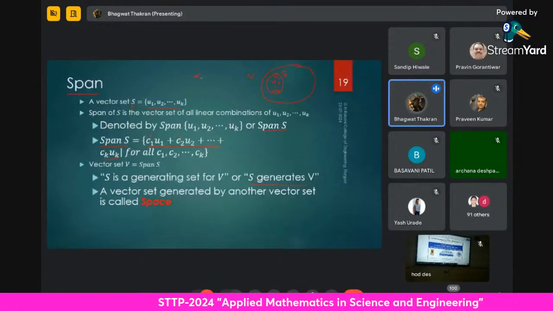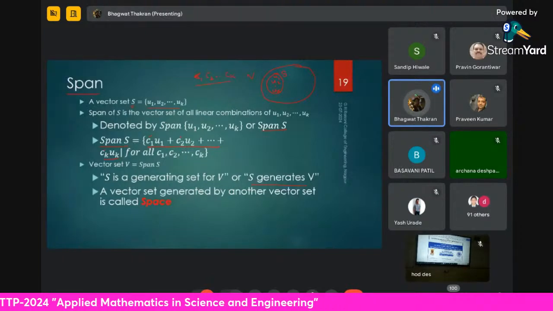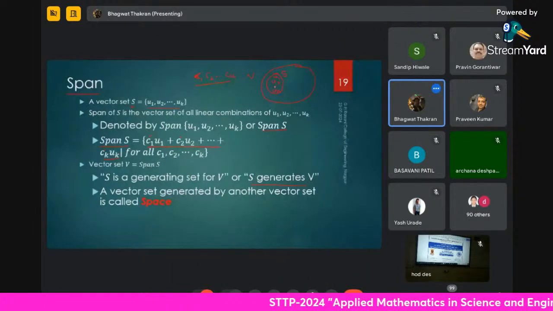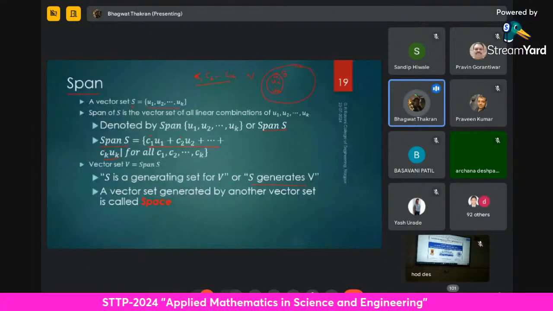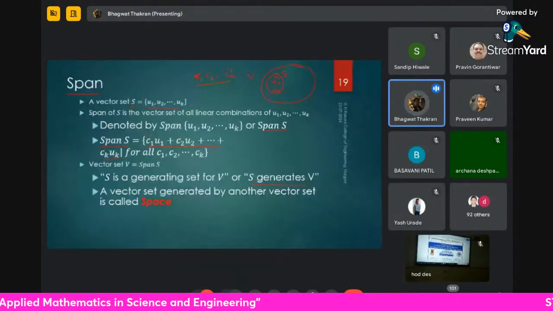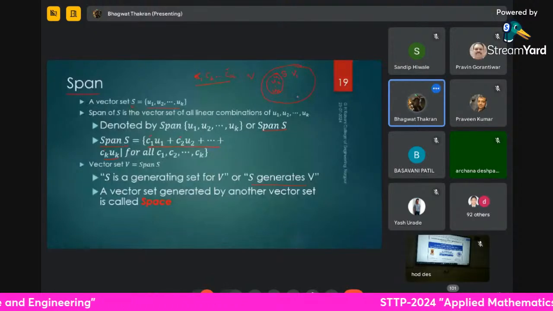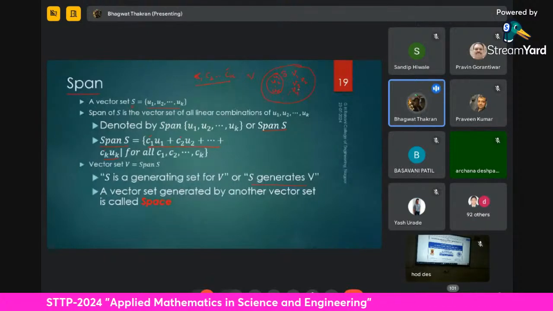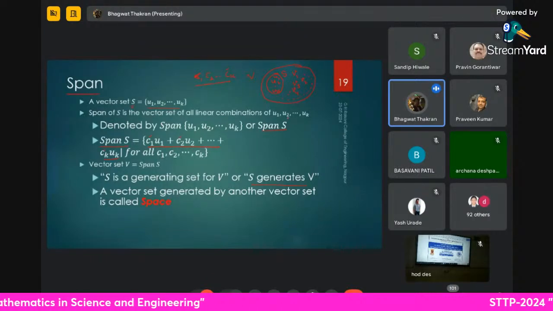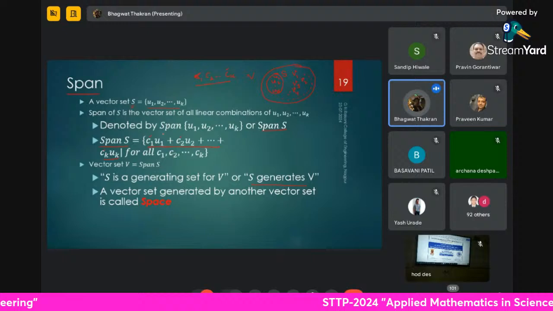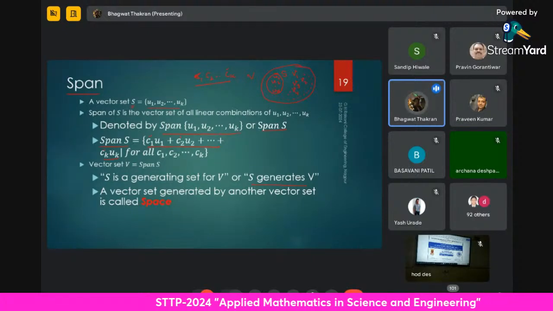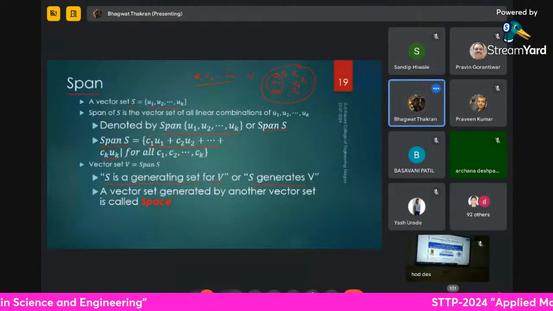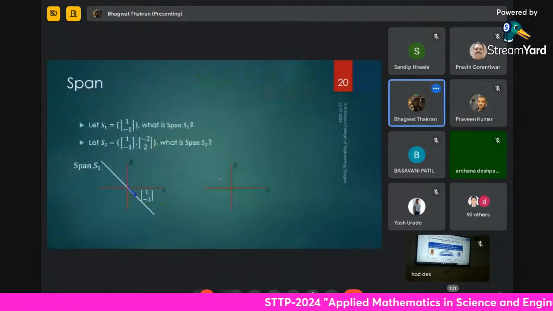So we'll consider some scalars C1, C2 and Ck that will form a linear combination with these vectors of S. Based on choosing the values of C1, C2 and Ck, if I get a vector V1, vector V2, vector V3, vector V4 and so on, not only just these vectors but each and every vector of this vector space, then we say that yes, it spans my vector space V. That is, S is a generating set for V. Okay, the basic idea.